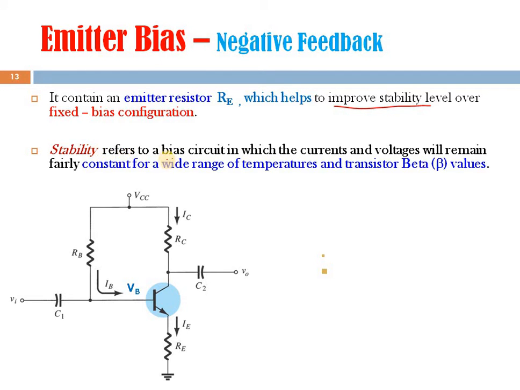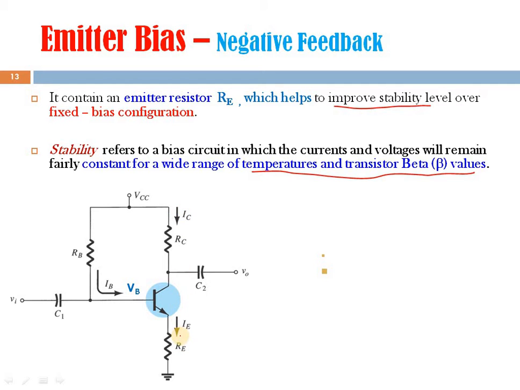Stability means the bias circuit should produce a current and voltage at the output which remain constant for a wide range of temperatures and beta values. So even if the transistor is changed and its beta changes, or environmental conditions like temperature change, the IC at the output should not change so much.